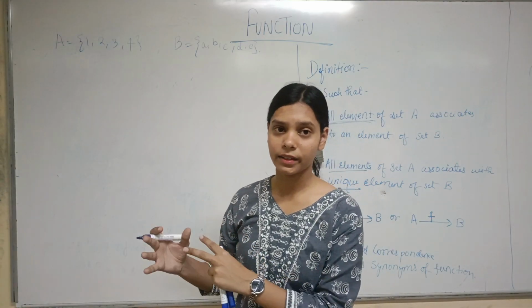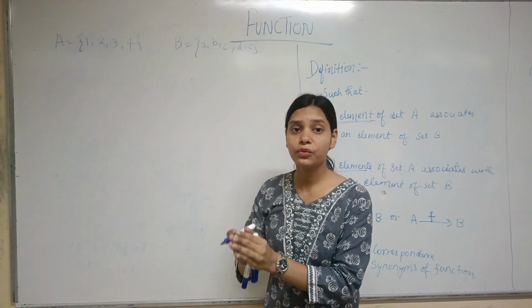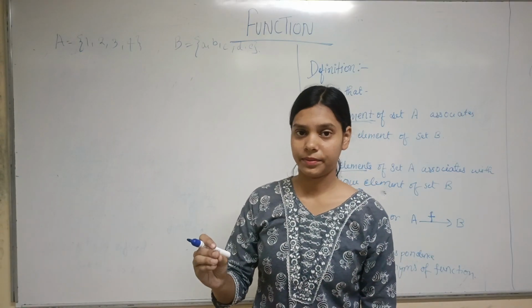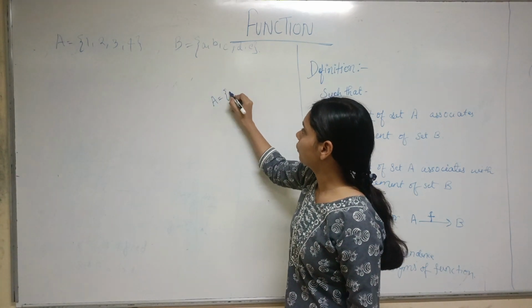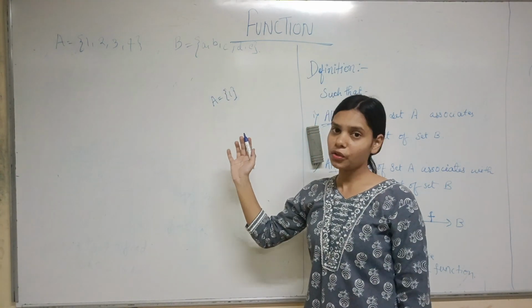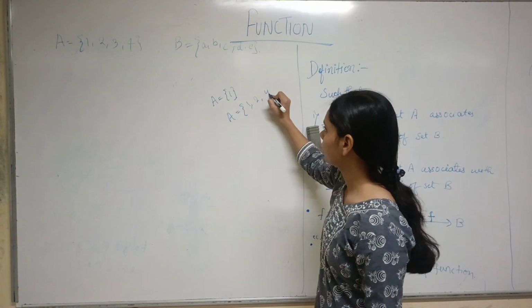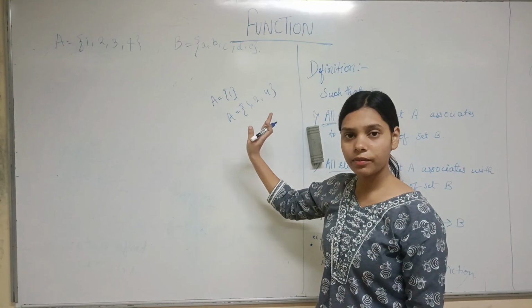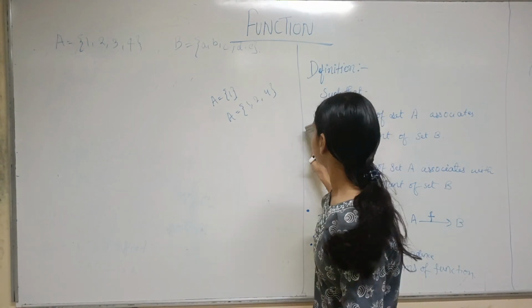But the set contains at least one element for a non-empty set. If we take A is equal to {1}, then this is also a non-empty set. If we take A is equal to {1, 2, 4}, this is also a non-empty set. Why? Because at least one element is there, right?